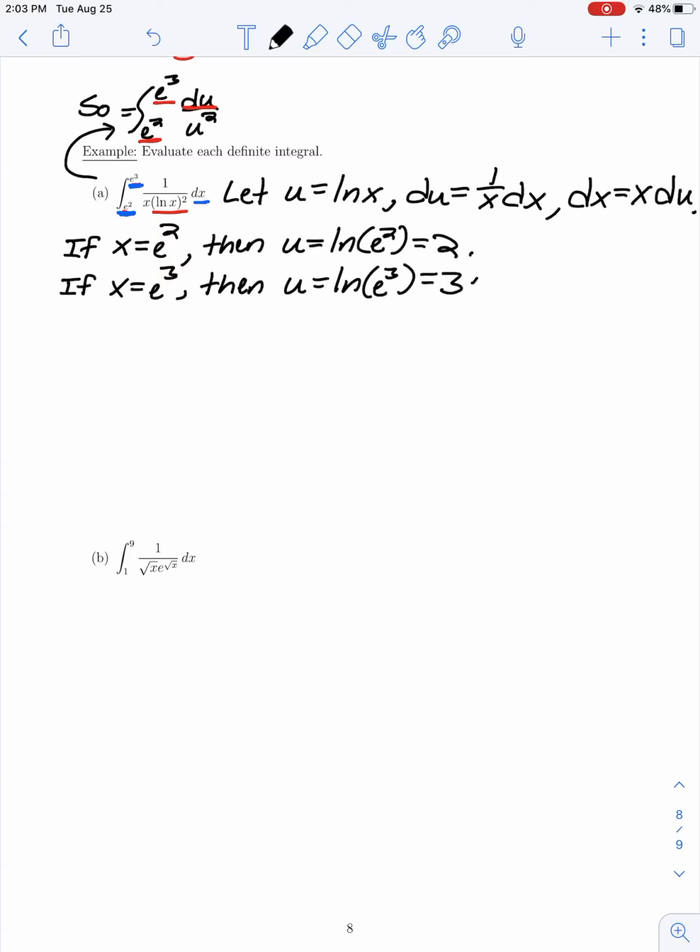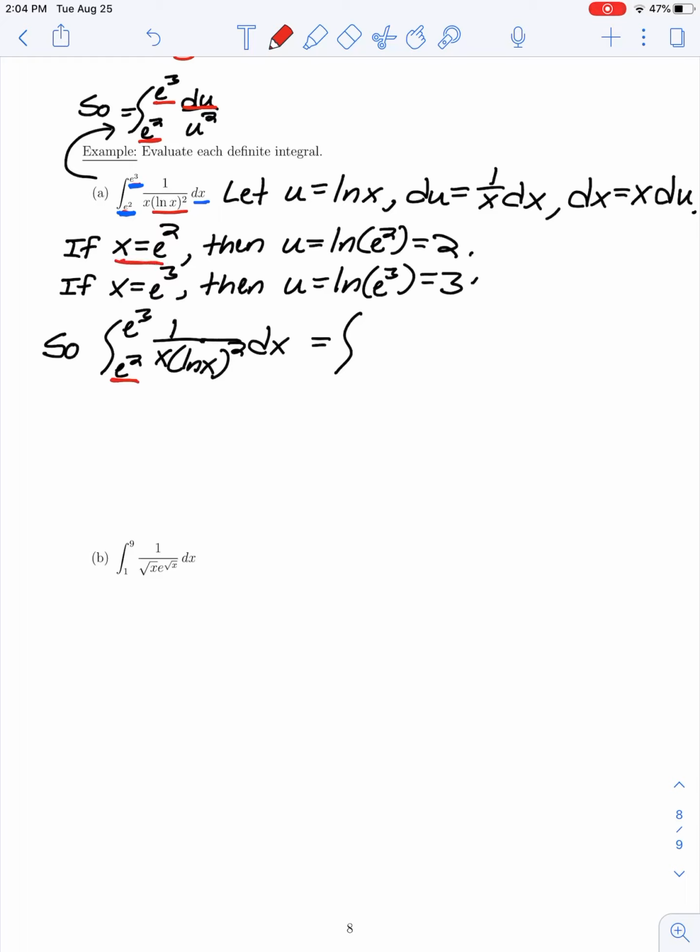So once we have the u values that correspond to our x values given in the problem statement, we're ready to rewrite our integral. So the integral that we were given was the following. Rewriting this in terms of u, let's start by changing the limits of integration. Our original value was x equals e squared.